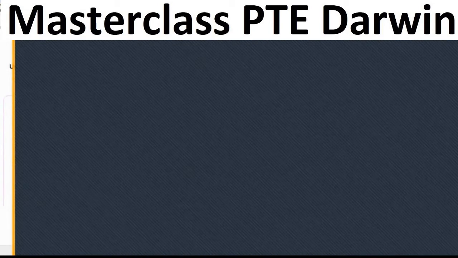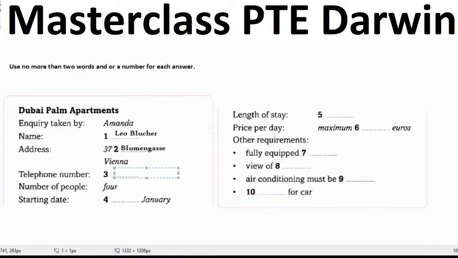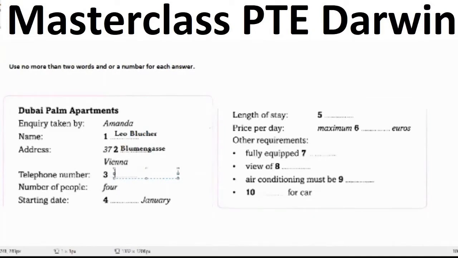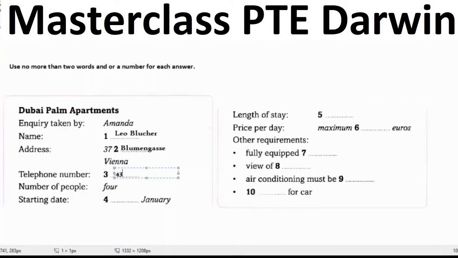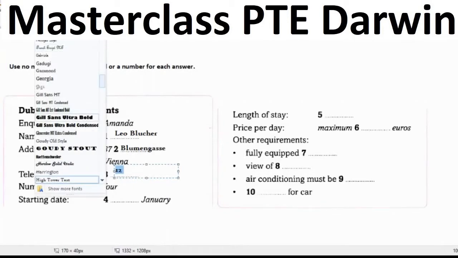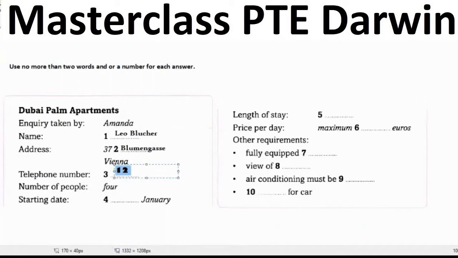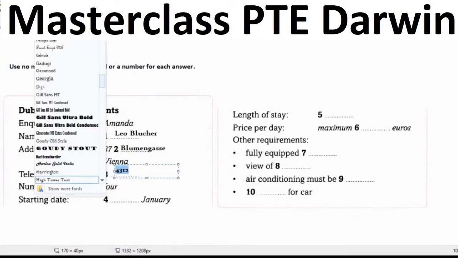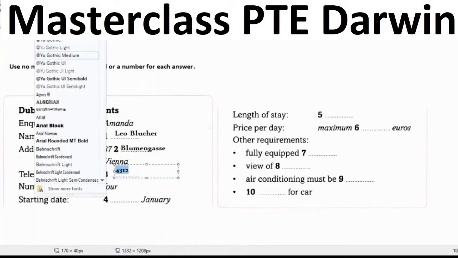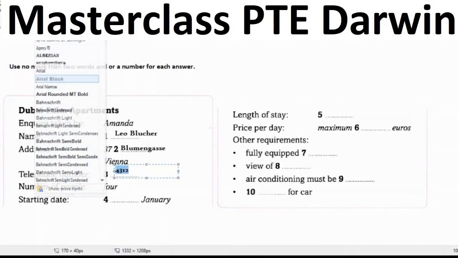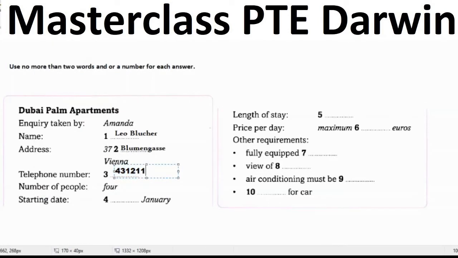How many? So what was the number? Mobile phone, telephone number? 4312, 11057.